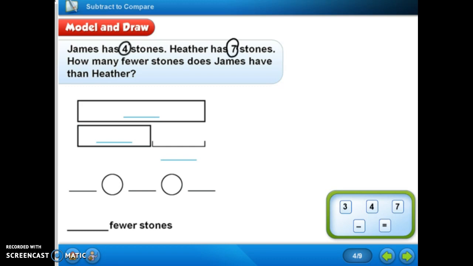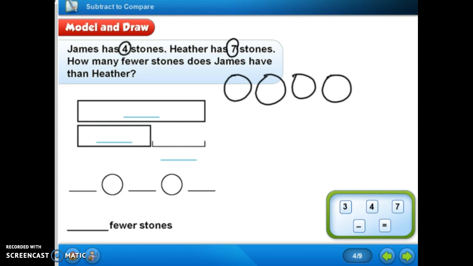Now I'm going to draw my picture to help me fill in my bar model. I know James has 4 stones, so I'm going to draw his 4 stones. 1, 2, 3, 4. Now I'm going to draw Heather's stones.